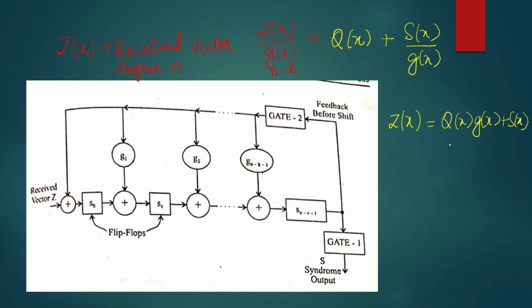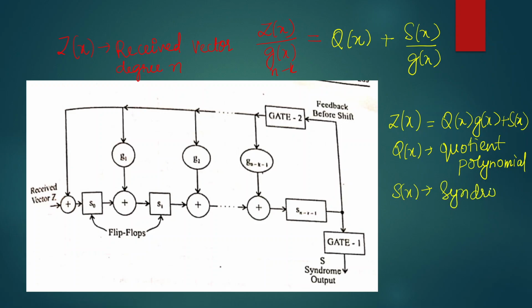We have written it in this form by dividing the entire expression by g of x, out of which z of x is our received vector polynomial, q of x is the quotient polynomial, and s of x is the syndrome polynomial.